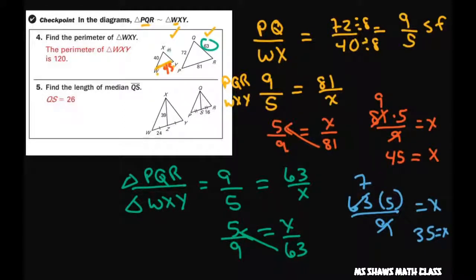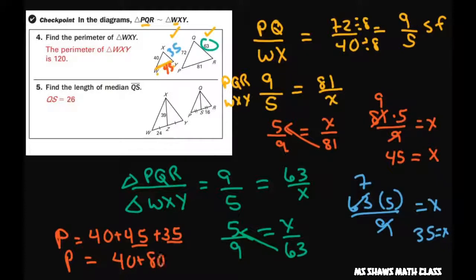So this is 35. Now to find the perimeter, we merely just add everything up. So the perimeter equals 40 plus 45 plus 35. So these two add up to 80. So 40 plus 80 equals 120. So that's 120 there.